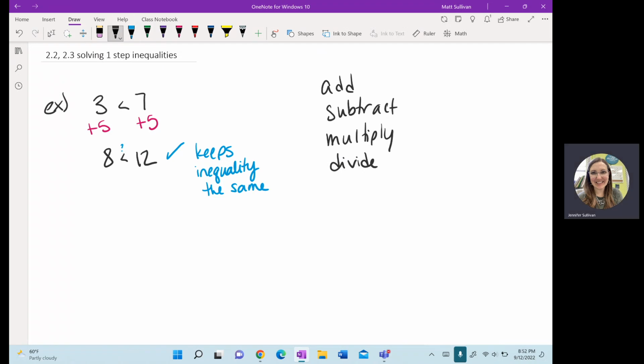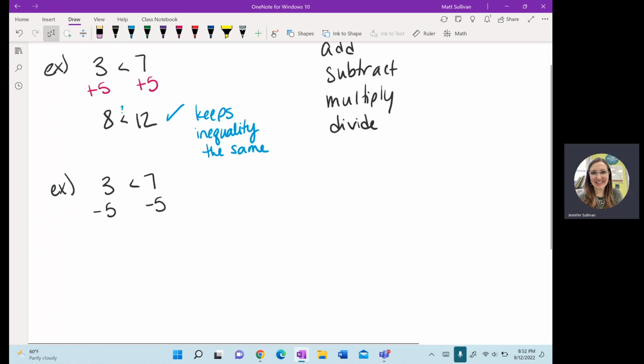Okay, well, let's do the same thing and let's do some subtraction. If we take 3 is less than 7 and we subtract 5 from both sides, what are we left with? Well, 3 minus 5, that's -2. Here's our inequality symbol.